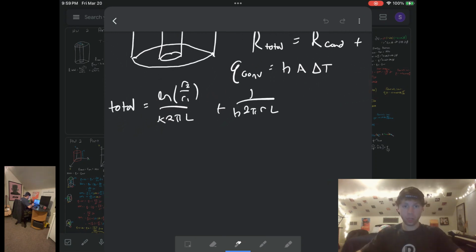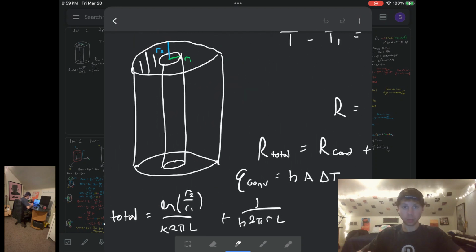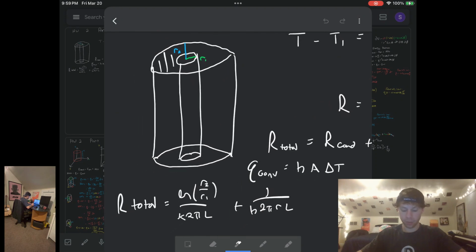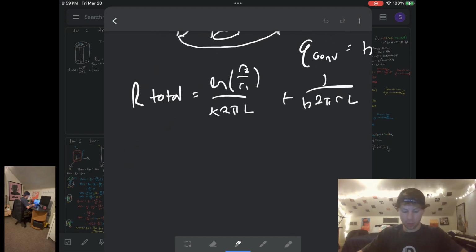So in order to determine the optimized radius for our insulation, we'll need to take the zero of the first derivative of this equation.